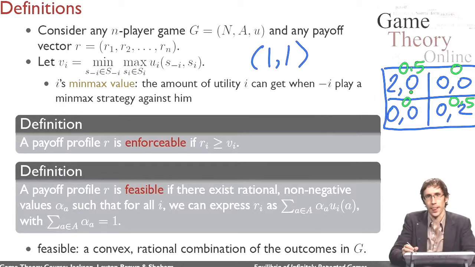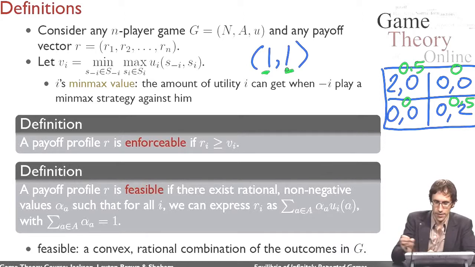You can see my payoff in this game is 50% times 2 plus 0 times 0 plus 0 times 0 plus 50% times 0, which is 1. The other player's payoff is 50% times 0 plus 0 times 0 plus 0 times 0 plus 50% times 2, which is also 1. So that is a feasible payoff in this game.